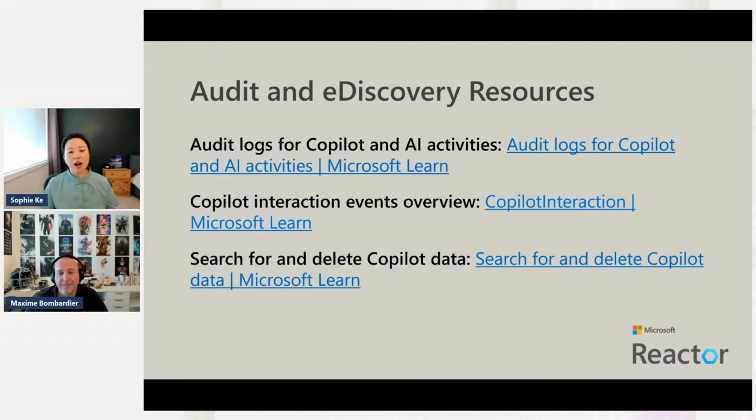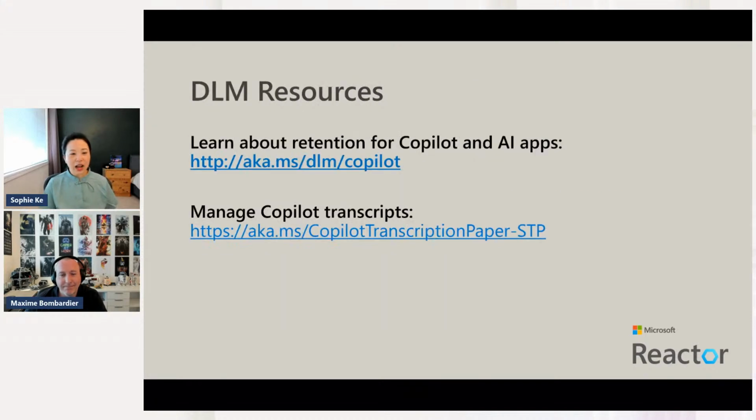We talked about audit and eDiscovery, so there are lots of Learn docs, documentation here for you on how to use our audit, and all of those quick references I showed on what an app host is and what kind of workload we can filter on. For DLM, there are resources on specifically learning about the retention and deletion settings for Copilot and AI apps.